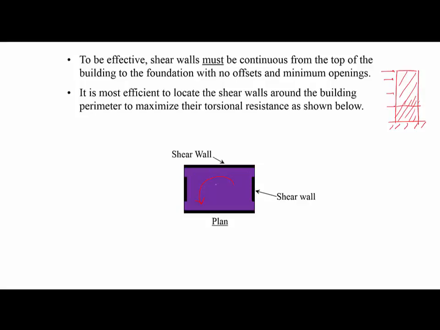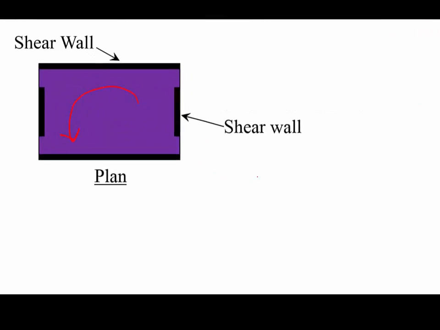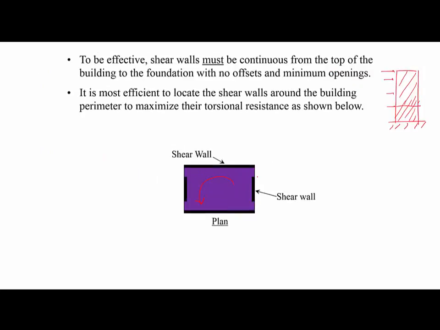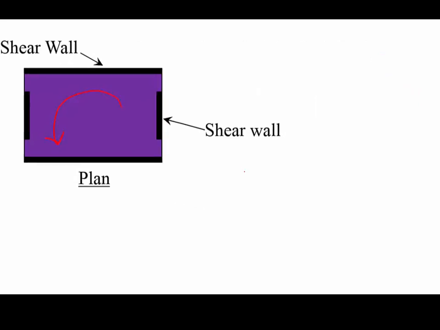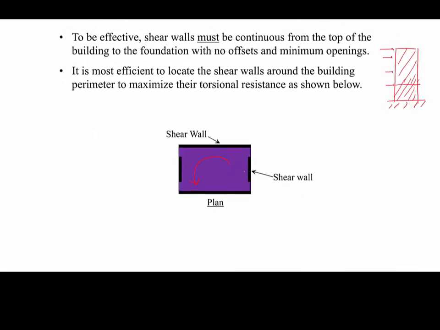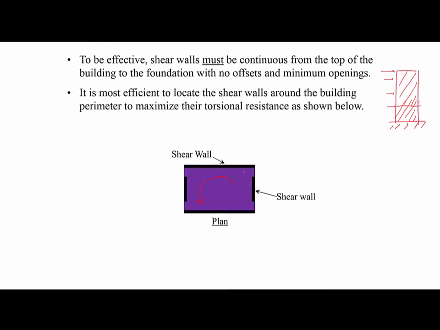You don't want to place your shear wall inside the building, but there are limitations. You may not be able to put shear walls right around the perimeter of the building, because they have to be open for architectural requirements. It depends on the situation.